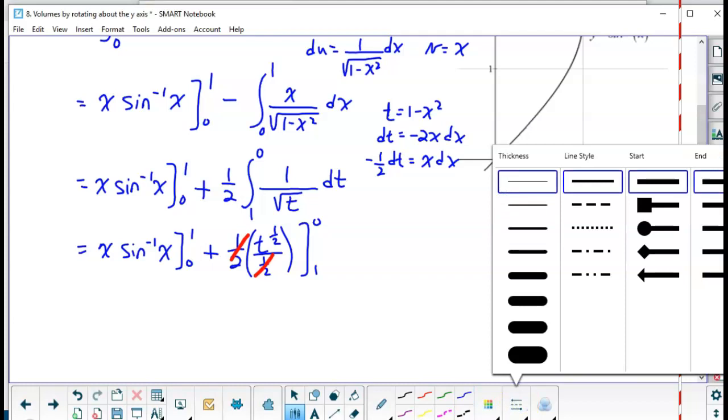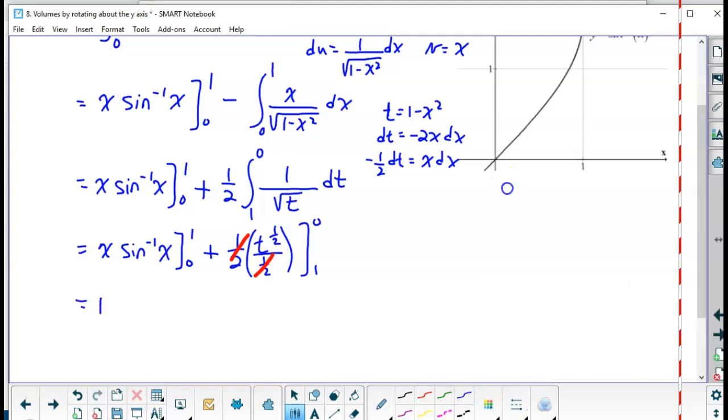Okay, so now I'm going to start substituting it. So sine inverse of 1 minus sine inverse of 0, so that goes away. Plus, t to the 1/2 is the square root, so square root of 0 minus the square root of 1.